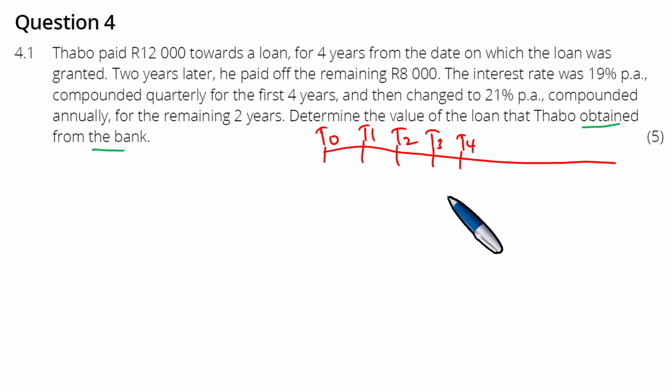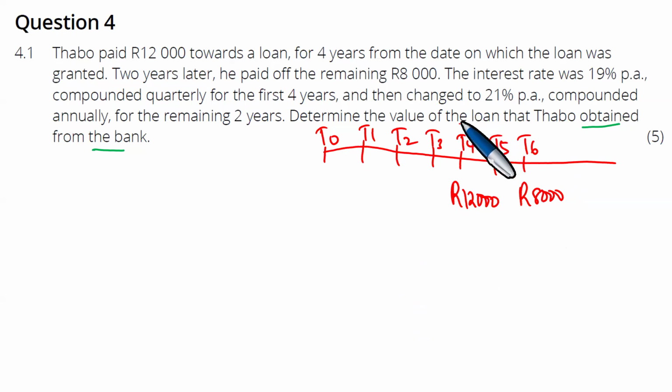And he actually paid 12,000 for 4 years from the date the loan was granted. 2 years later, he paid off the remaining amount. So there is T5, T6. He paid off the remaining 8,000.